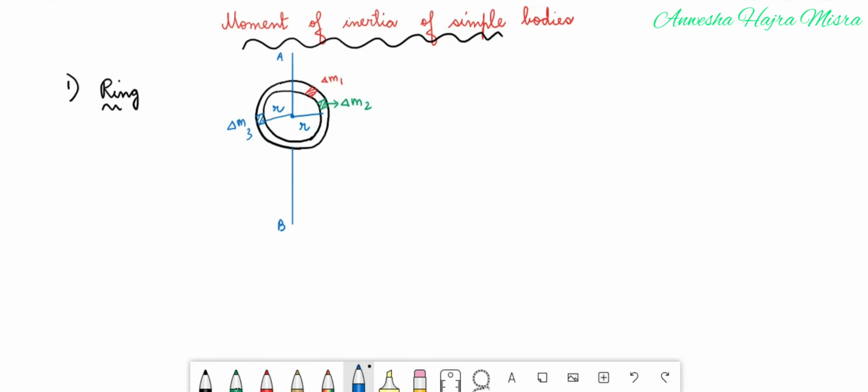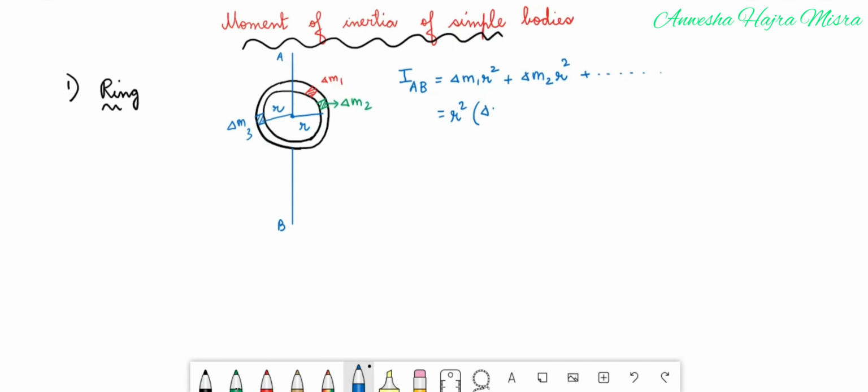Then the moment of inertia of the ring about the axis AB is delta M1 into r square, because moment of inertia is mass into distance square, plus delta M2 into r square, and so on. Here we take r square common.